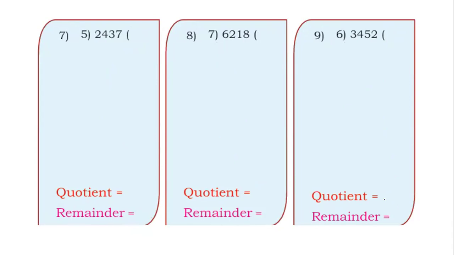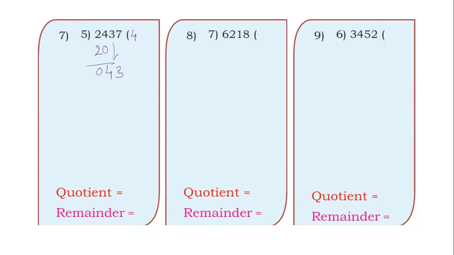Seventh one, 2437 divided by 5. 5 fours are 20. 4 minus 0 is 4. 2 minus 2 is 0. Take this 3.